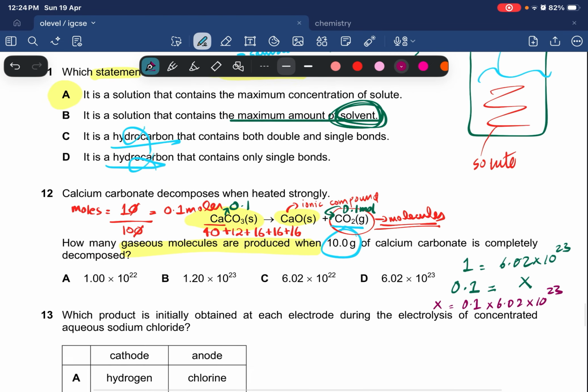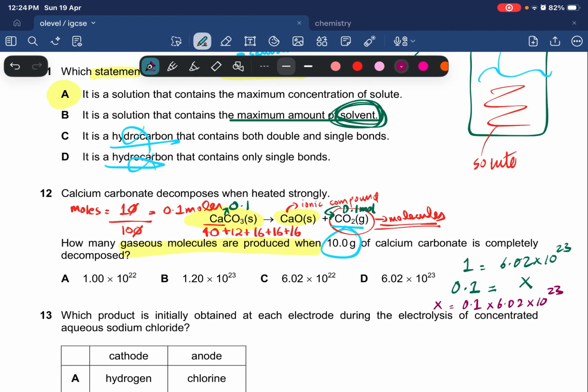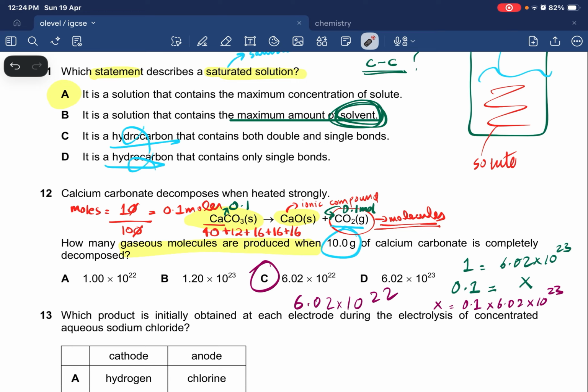And when we're going to multiply this, we are going to get the answer 6.02 into 10 exponent 22, which is option number C. Got it? You just had to figure out the moles of calcium carbonate, from that the moles of carbon dioxide, from that you just had to use the ratio.